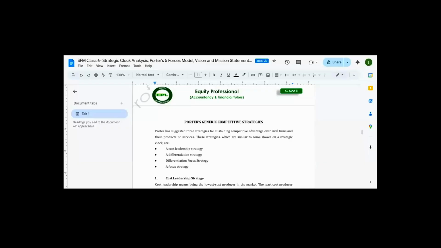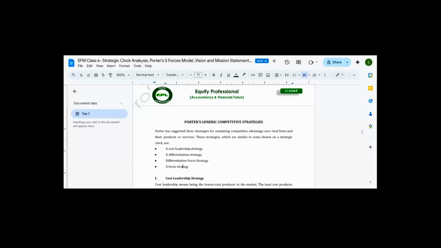So the generic strategy comprises of one, cost leadership strategy, two, differentiation strategy, three, differentiation focus strategy, and four, focus strategy. The only strategies that are new here that we have not talked about today are cost leadership strategy and focus strategy.